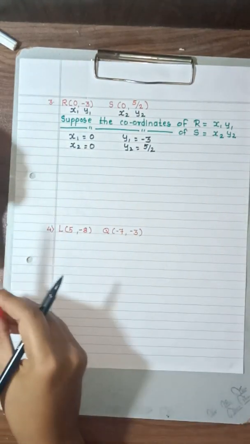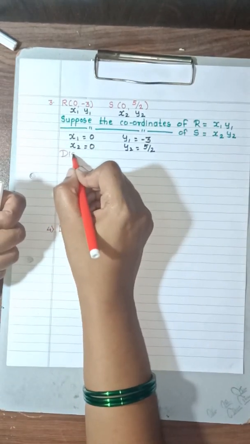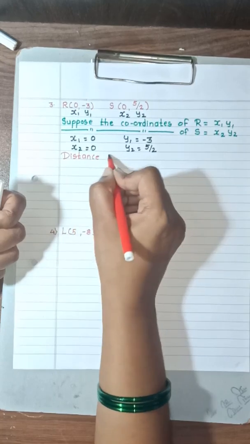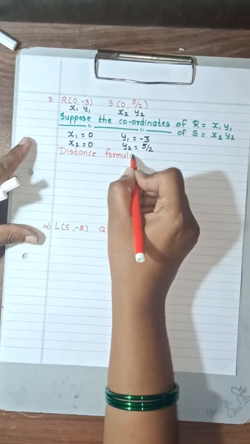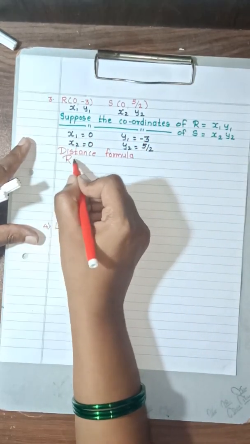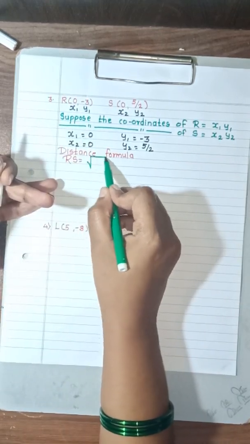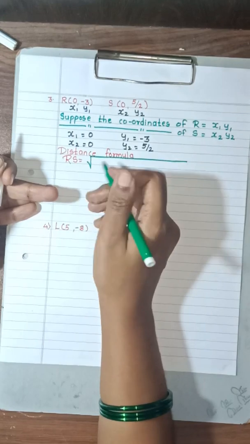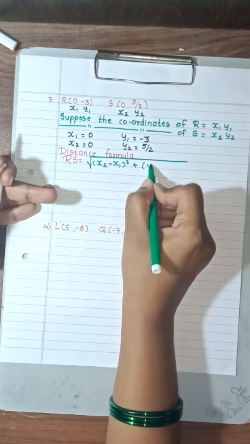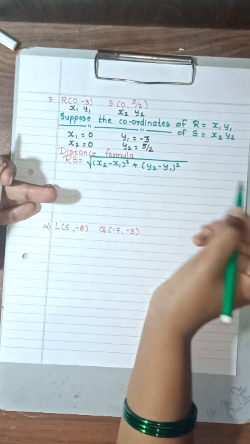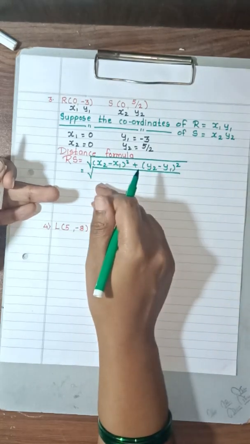Okay, now here also we are going to apply the same distance formula. I'll write down here distance formula. To find out distance RS, that is equal to under root of (x2 minus x1) square plus (y2 minus y1) square.